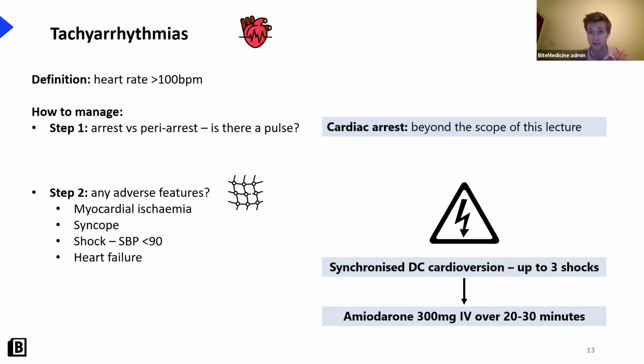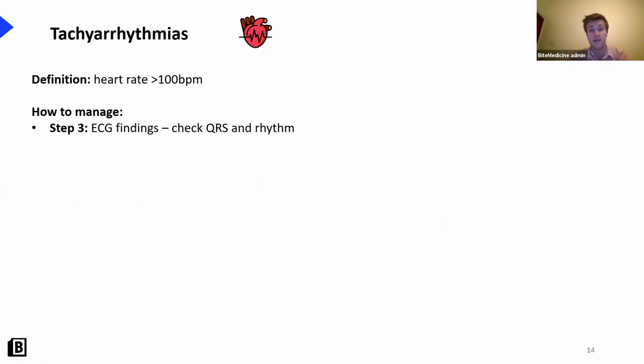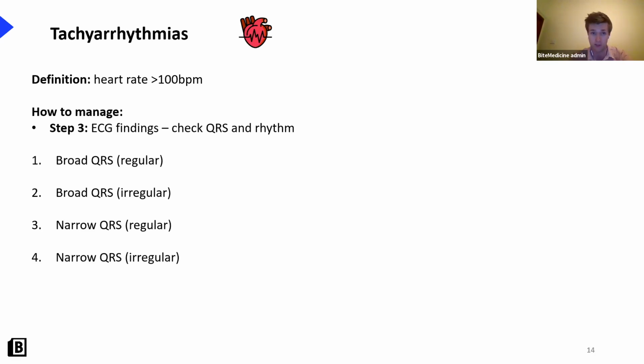So if they don't satisfy anything in step 2, then the next thing you need to do is go to town on their ECG and really start to look at their QRS and the rhythm. For the QRS, you're looking, is it broad or narrow? And for the rhythm, is it regular or irregular? That will give you 4 possible outcomes, okay?